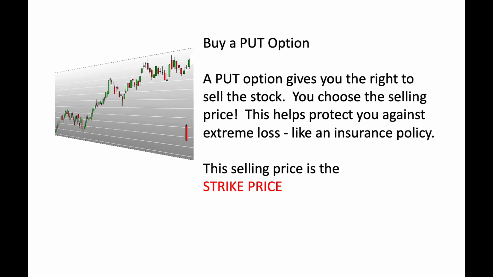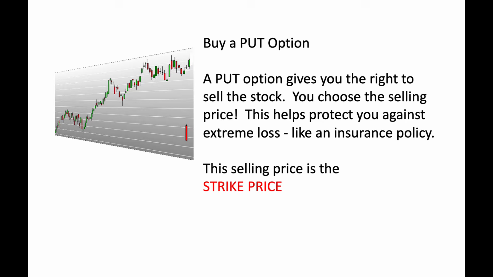Now, the basic definition of a put is it's a contract between a buyer and a seller. And as you purchase this put, it gives you the right to sell the stock at a certain price. Now, you get to pick the selling price.